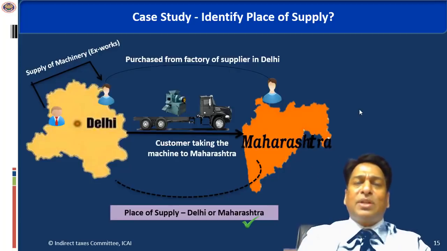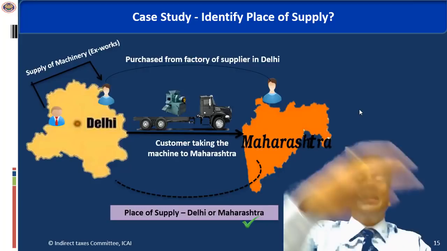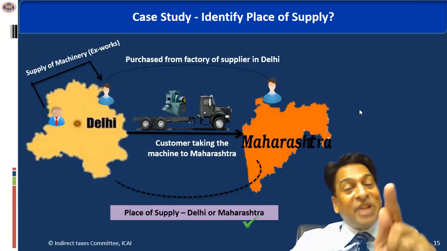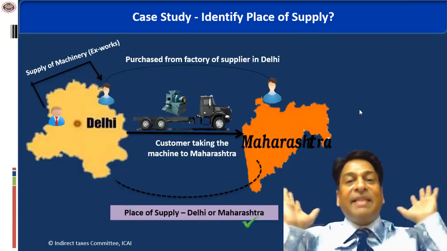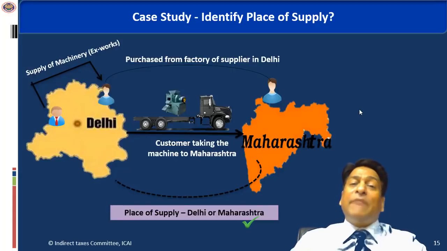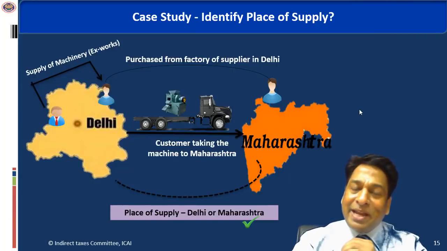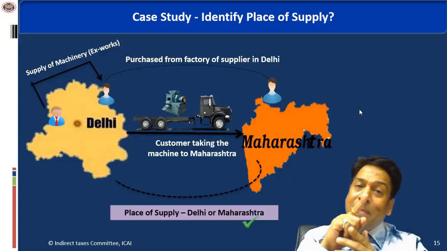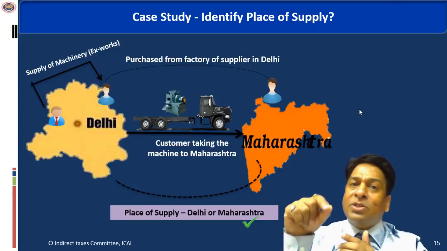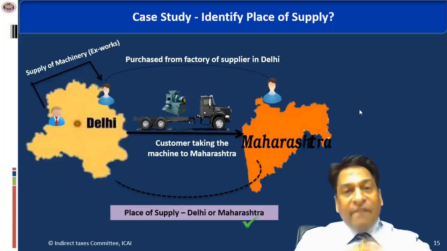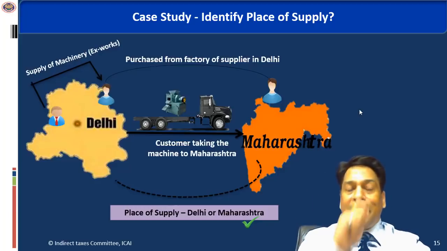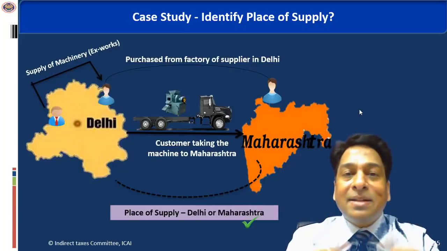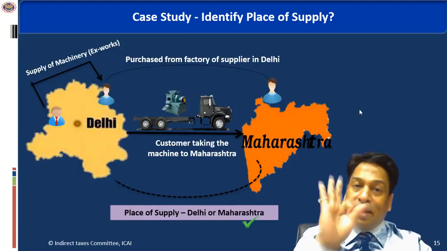He is deploying his transporter to take goods from Delhi to Maharashtra. He shall generate the e-way bill where the consignment value is more than 50,000 rupees. Perfect. So if you assume this transaction is intrastate, but you're generating an e-way bill from Delhi to Maharashtra, it goes contrary. Even though the recipient causing movement is generating an e-way bill from Delhi to Maharashtra, it ultimately turns out to be interstate. Second argument.